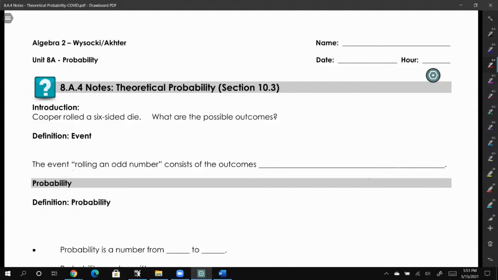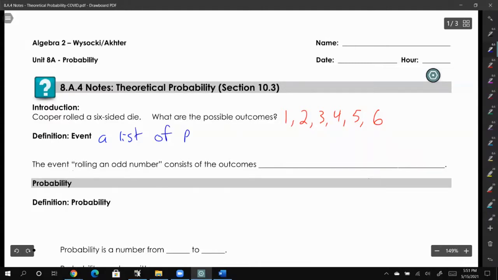So Cooper rolled a six-sided die. What are the possible outcomes? So if I roll a six-sided die, we could get a 1, 2, 3, 4, 5, or 6. Now, the definition of an event is a list of possible outcomes.